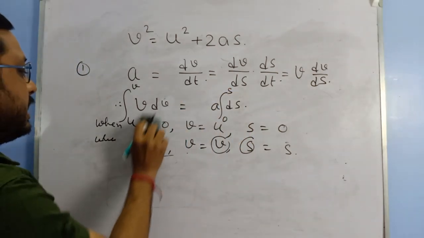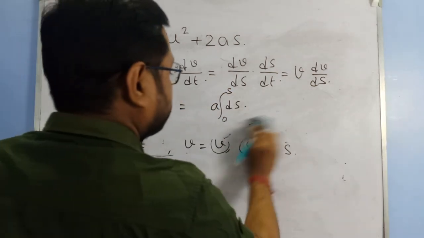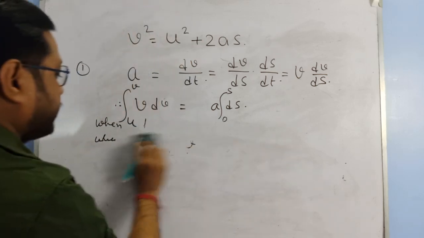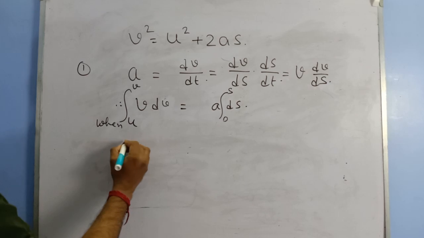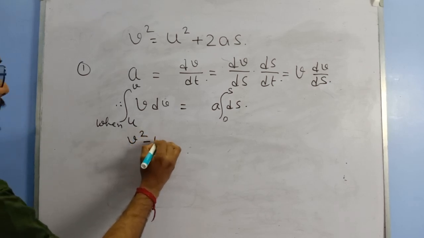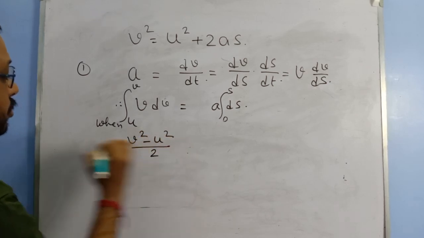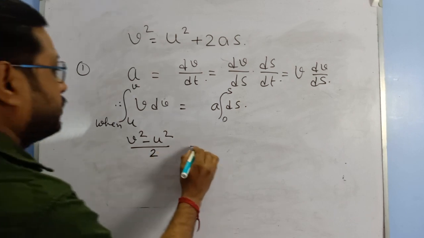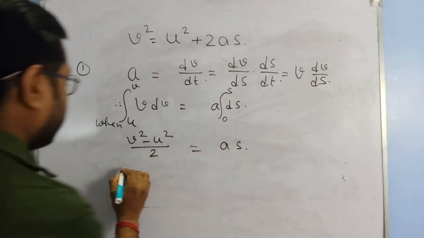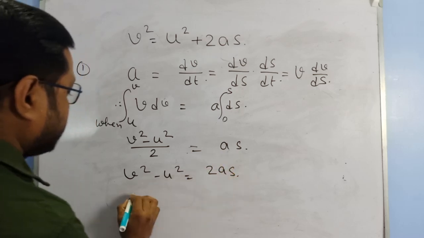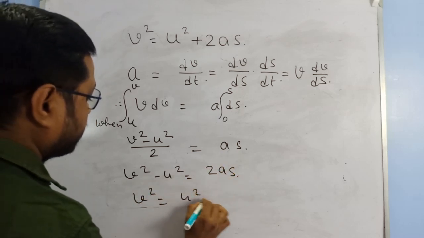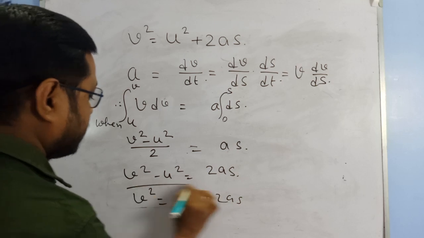Here the time factor is not concerned in the equation, so you cannot write the time. So we get v square minus u square divided by 2 is equal to a s, or v square minus u square equal to twice a s, or v square equal to u square plus twice as.